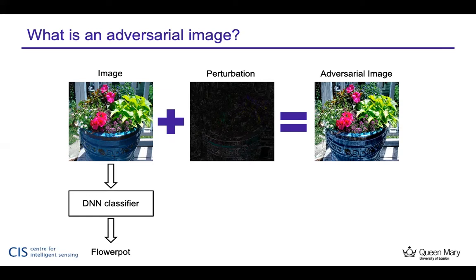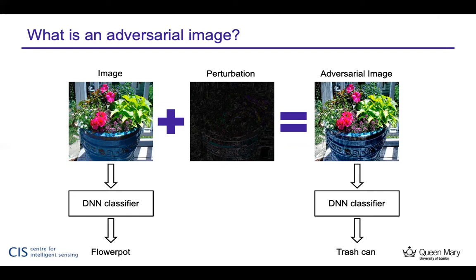But if we add this carefully computed perturbation in the middle to the image on the left side, we get an image on the right side that a human says is a flower pot as well. But when you present the image on the right side to the deep neural network, it recognizes this image of a flower pot as being a trash can.